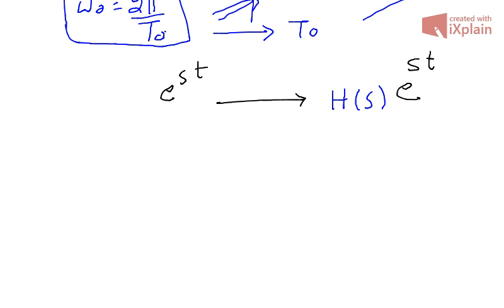It modifies the magnitude of the output. So if the input is a sinusoid, the output would be a sinusoid, but the amplitude would be modified.